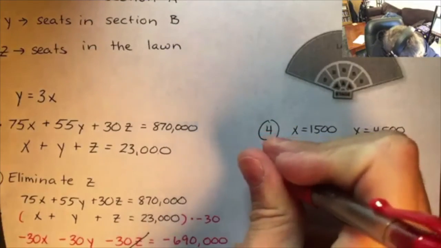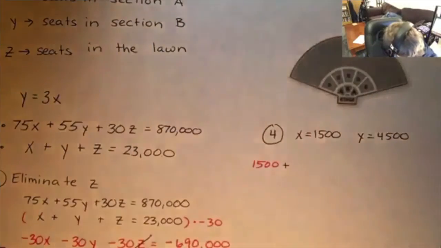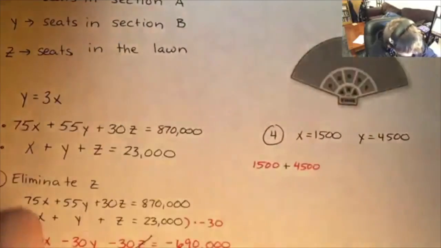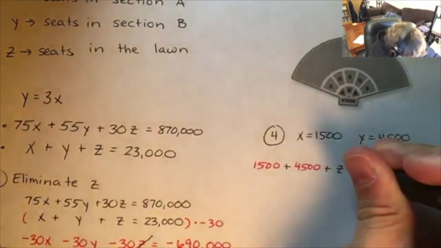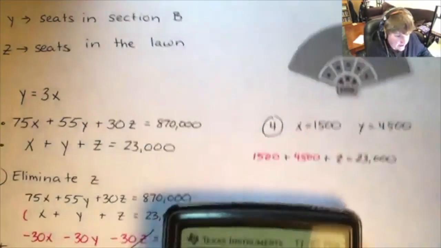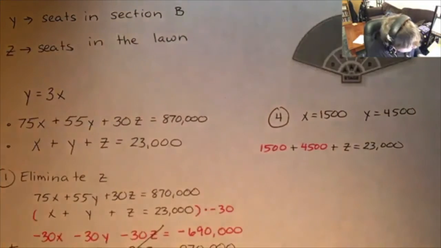So we're going to go 1,500 here, plus, and then y is 4,500. z is unknown at this point. Okay, so 1,500 plus 4,500 is 6,000.